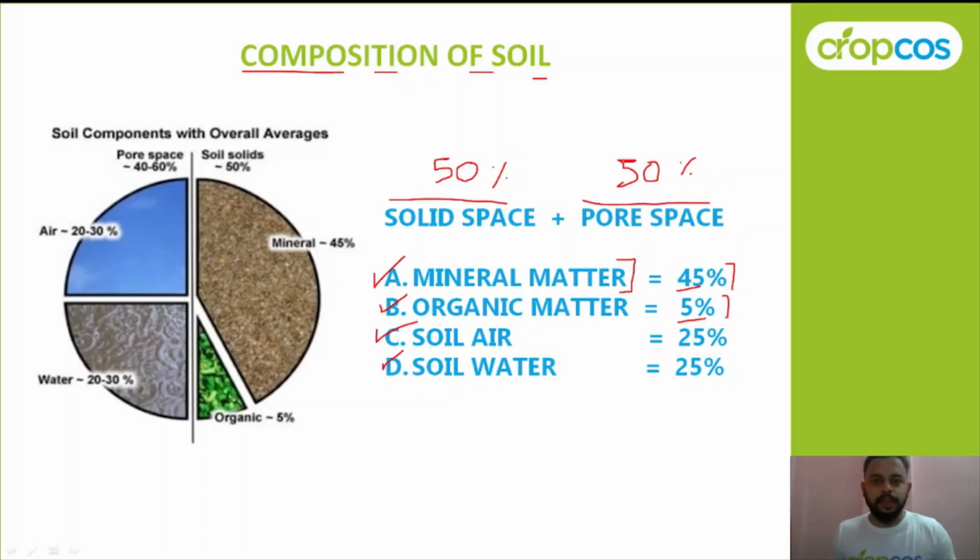Why? Because of the tropical condition, because of the climatic condition. बहुत ज़्यादा गर्मी के कारण बहुत ज़्यादा ऑक्सीडेशन होता है, loss of organic matter, so the content is less.